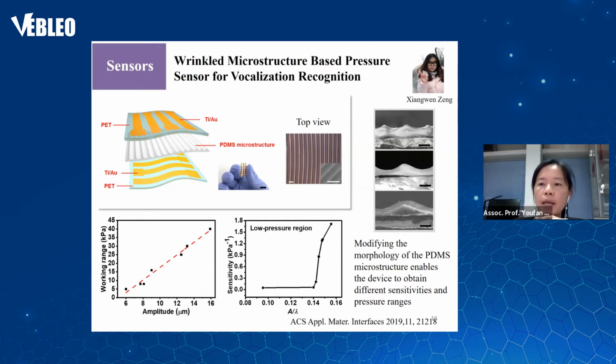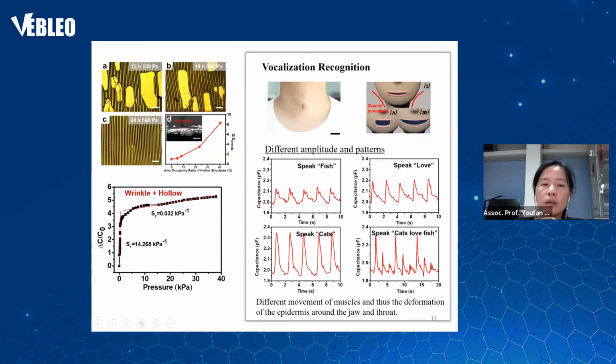And by adjusting the amplitude and also the wavelength of the microstructure, we can adjust the working range of the sensor and also the sensitivity of the sensor. And when we further introduce some hollows in the micro wrinkles, then we can achieve very, very high sensitivity.